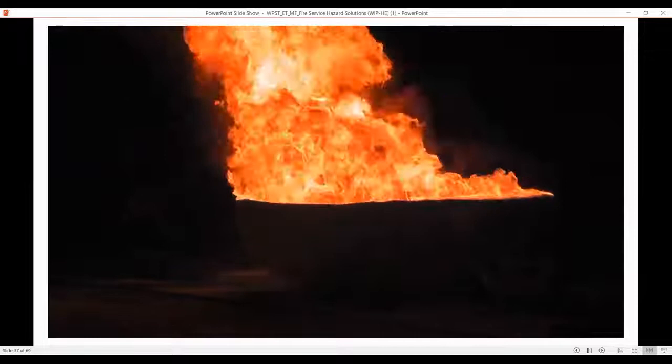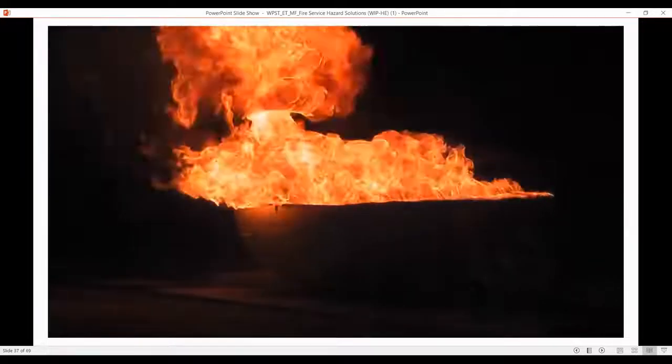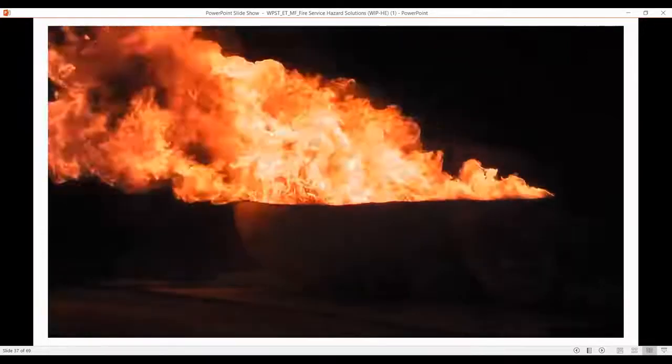One of the things I want you to take notice of is we don't have any special application technique like you would have on a 2-dimensional fire like this with foam. If this was foam, we would be raining it on because we couldn't roll it or bank it onto this fire. As you'll see, I'll be coming in with a dispersed pattern. We're rapidly sweeping across the surface of the fire.